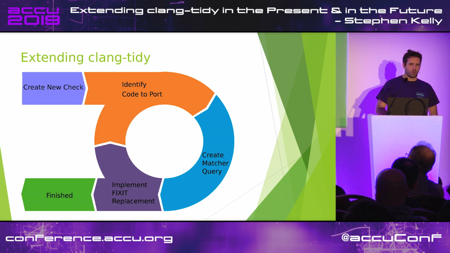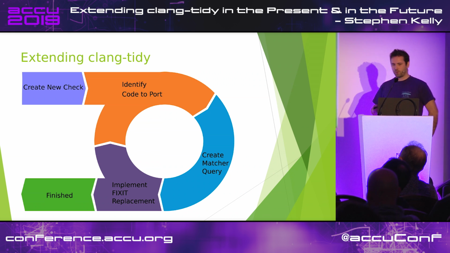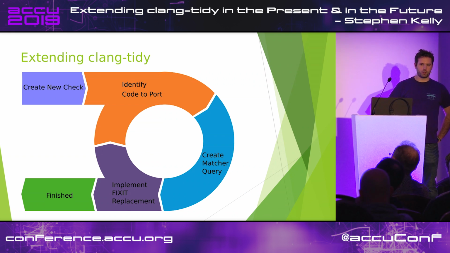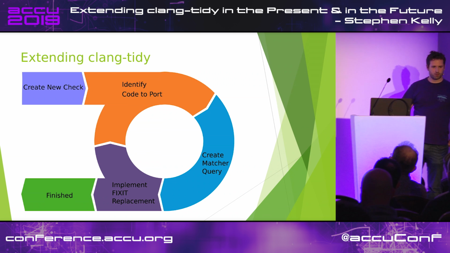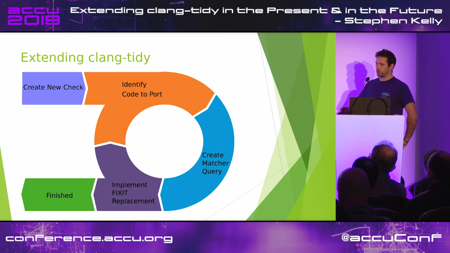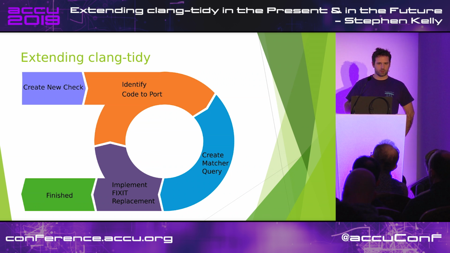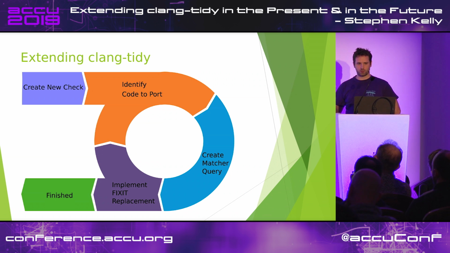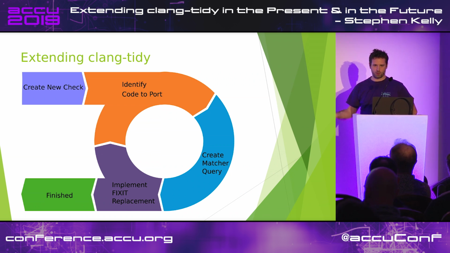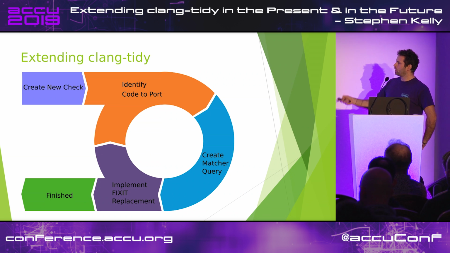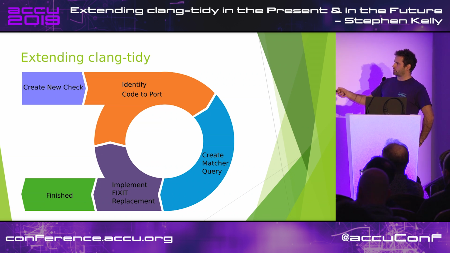So the workflow that we would use is something like this. I made a three-part blog on the Visual Studio blog last November-ish, where I identified this workflow as how you create your own bespoke tools using the clang-tidy infrastructure and framework. So we use a script to create a new check in clang-tidy itself.